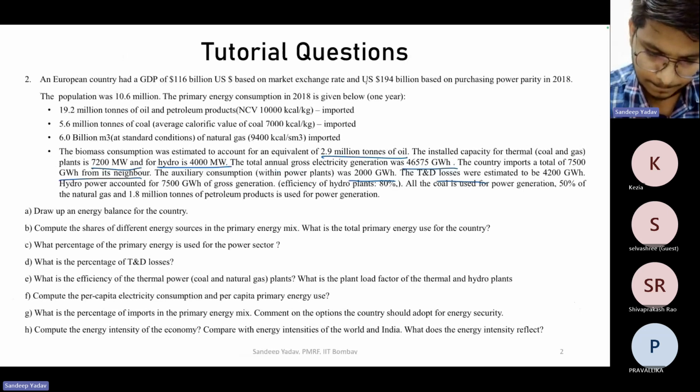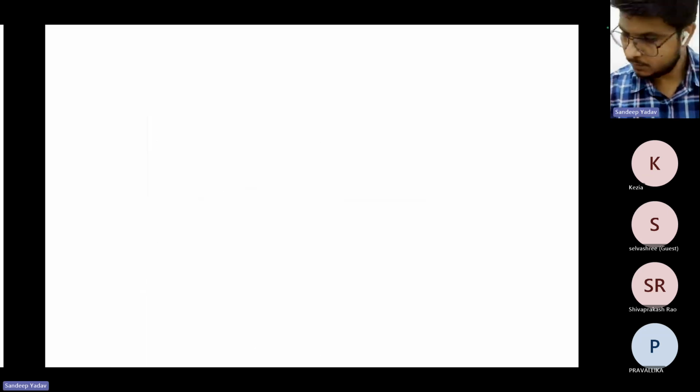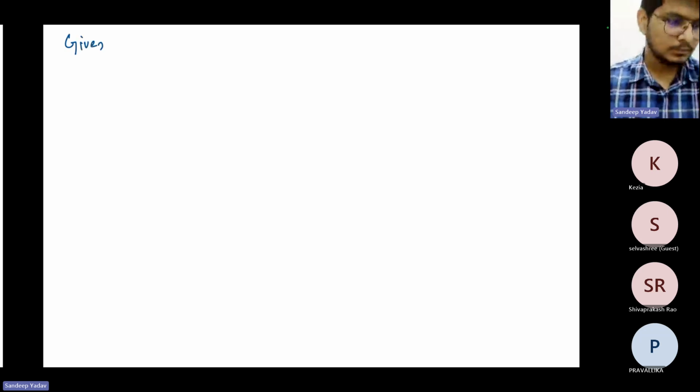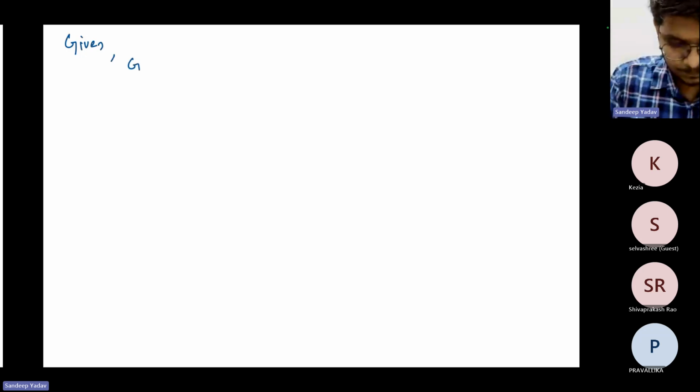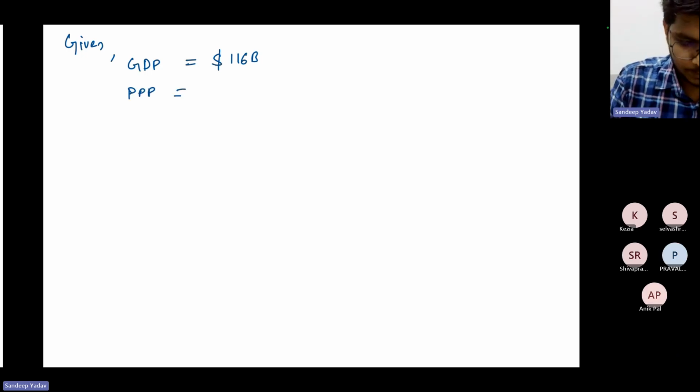So here, the things that are given are GDP, that is $116 billion, and purchasing power parity of $194 billion.